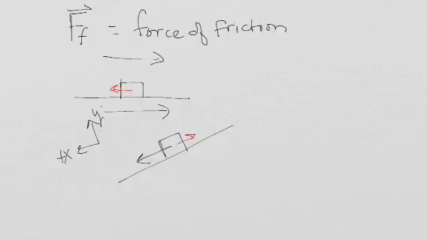Now when we talk about the force of friction, friction takes into account the surface or the surfaces that are at play here. And because we're numerically calculating friction as an amount of force that's hindering or stopping forward motion, we need to be able to associate a number with the interactions of different surfaces.